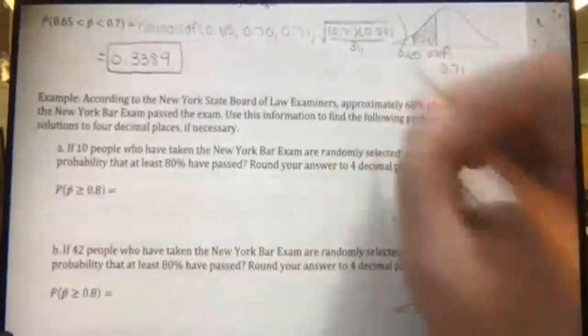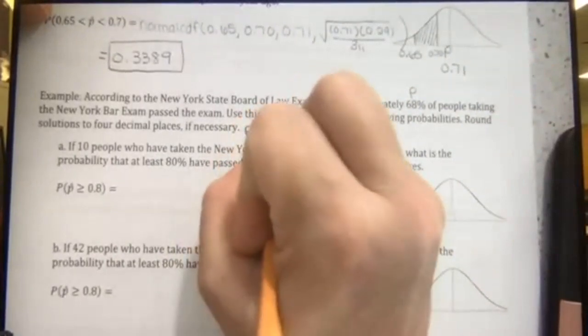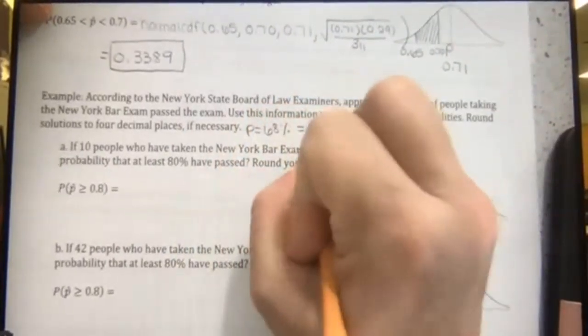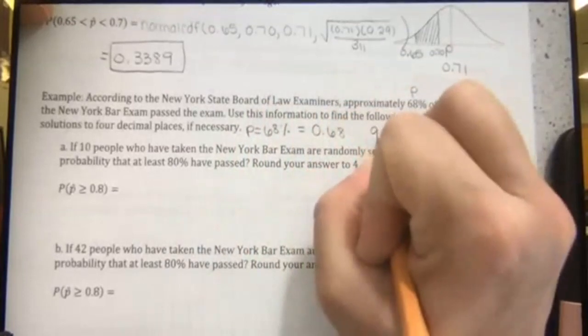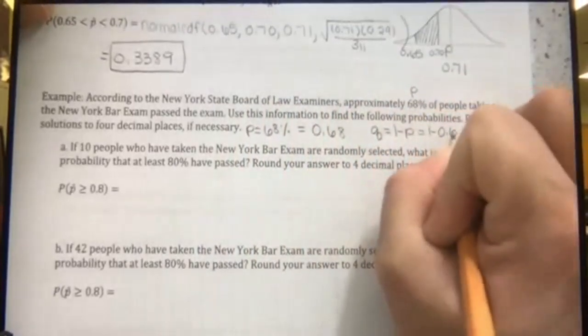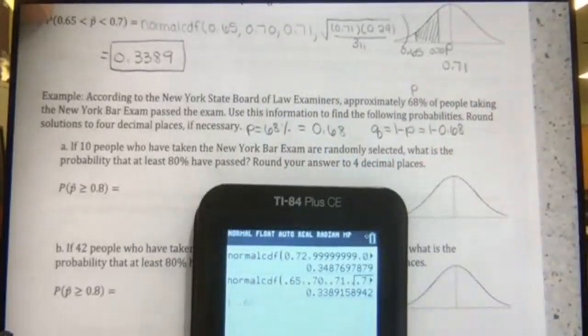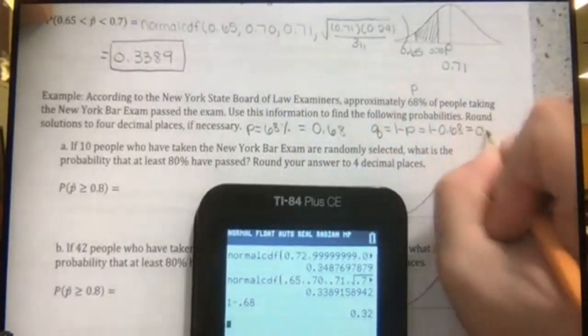So this is talking about people in general. So this is going to be our p-value. So p-value is 68%, which is 0.68. So that means our q value is 1 minus p. So 1 minus 0.68, which is 0.32.